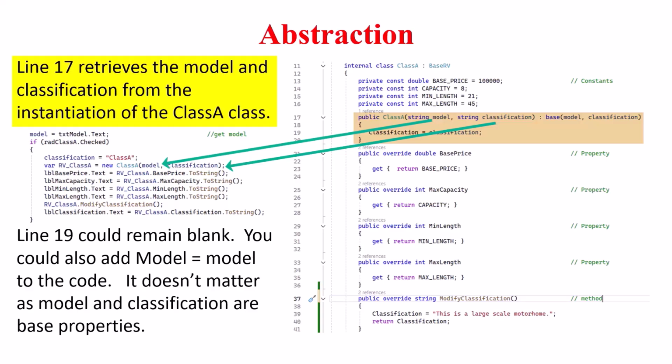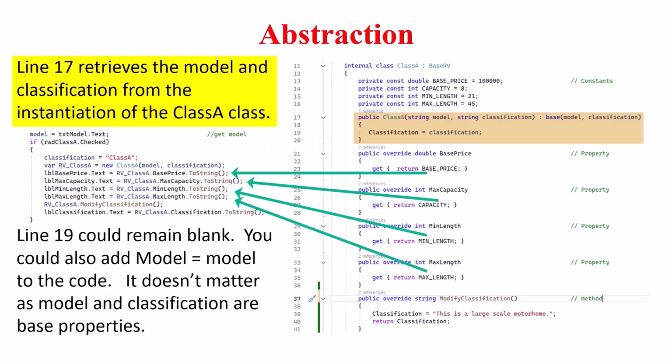If rad class A has been checked, then we're going to say our classification equal to class A. And then we're going to create an instance of the class A object, which is based on the base RV. And it's going to bring in the model and classification. Then we're going to grab the base price, max capacity, min length, max length, and put them in labels with those get properties we're seeing in the Class A class.